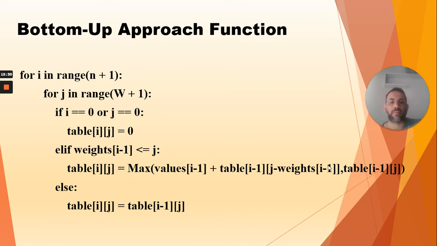We will take the maximum of these two values. Else, the third case, if the weight of the current item is greater than the current capacity, that means the current item is excluded, not included.